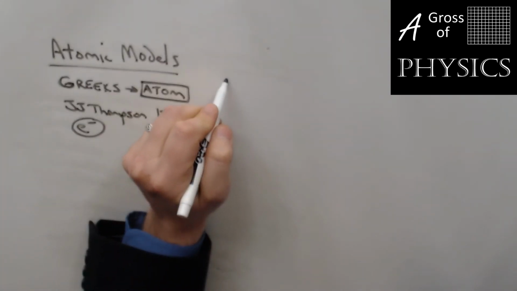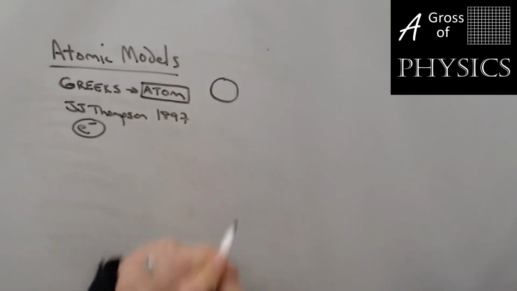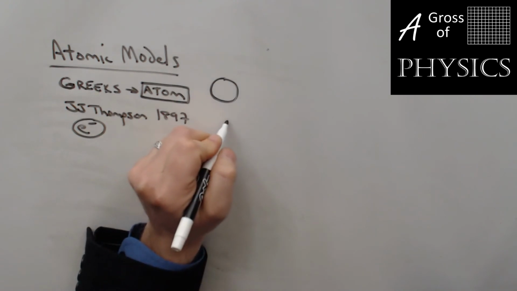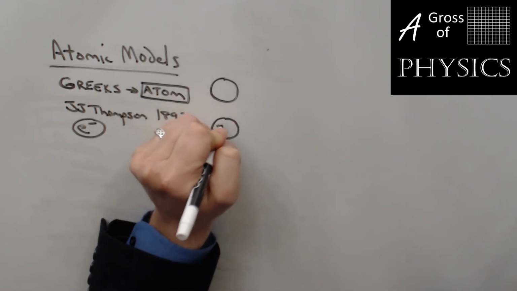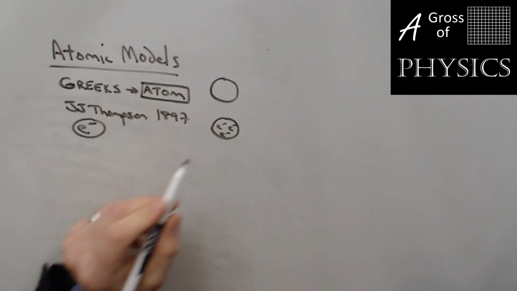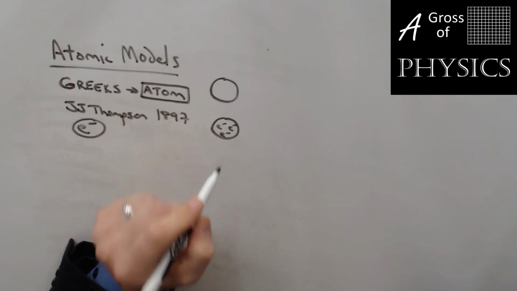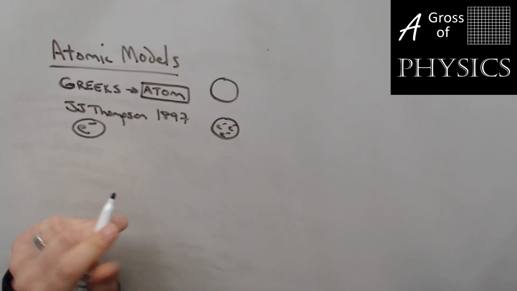And we went from an atomic model of just a single building block, that was the Greek atom, to now we have this building block that has smaller things inside, little electrons. And we called it the plum pudding model, basically because you had this mass with electrons sprinkled in, kind of like the raisins in plum pudding.